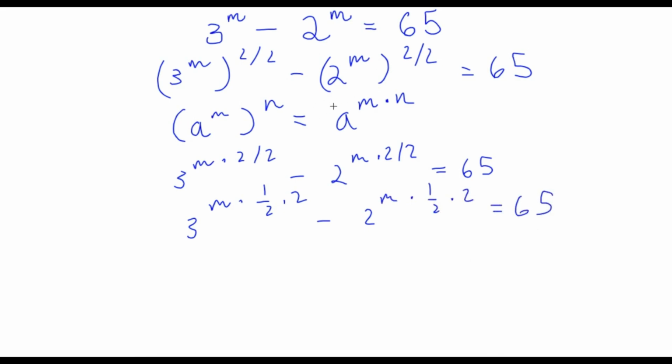And remember, if we have something in the form a to the power of m times n, this is equal to a to the power of m to the power of n, right? So what I'm going to do is combine m and 1 over 2 to make 3 to the power of m over 2 times 2.